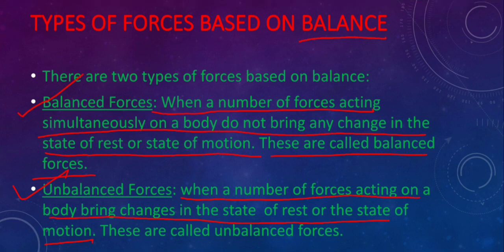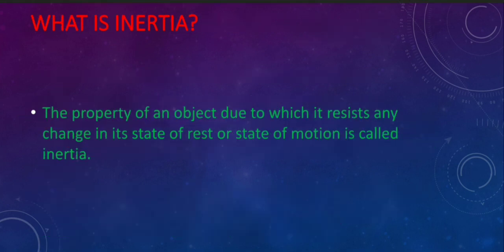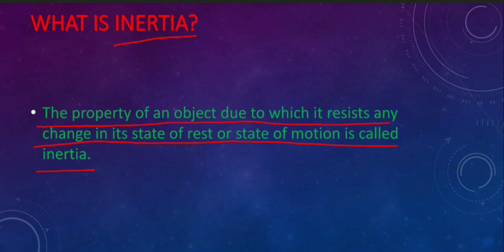So let's move ahead. Now, what is inertia? For studying Newton's first law of motion, we need to study what inertia is. The property of an object due to which it resists any change in its state of rest or state of motion is called inertia. I will give a simple example.